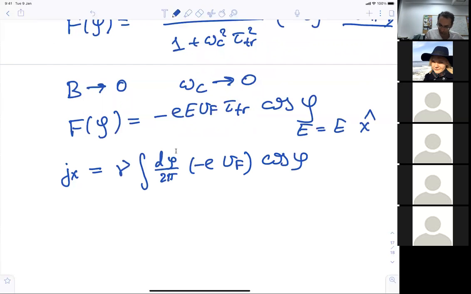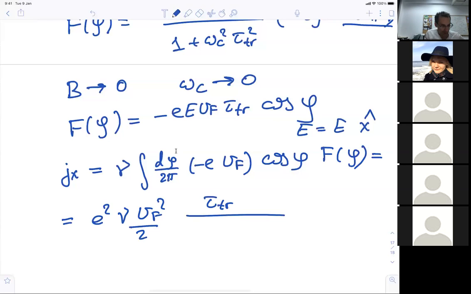That's the projection of the velocity operator on the x direction, times the distribution function. We plug it all in, and we get E squared nu v Fermi squared divided by 2, tau transport over 1 plus omega c squared tau transport squared, times the electric field.